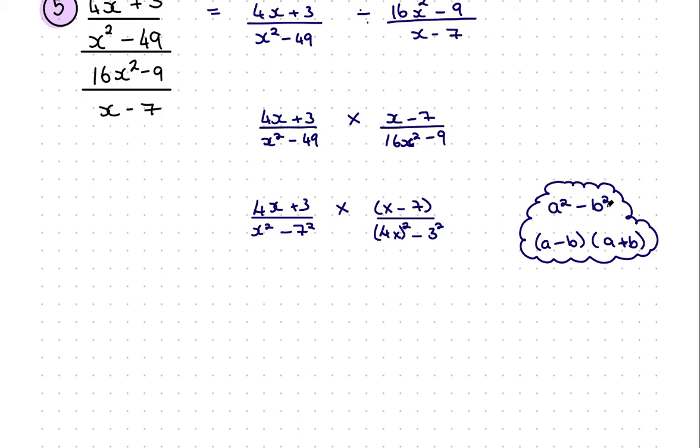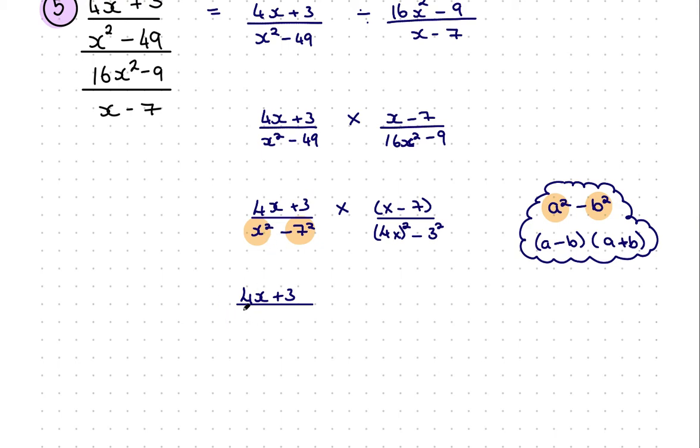So a squared minus b squared, some square number take away another square number. If we use our colors to keep track of that, my a would be my x in that scenario, my b would be my 7 in that scenario. So I'm going to once again keep everything else that's unchanged exactly the same. Don't touch it, just write it down. What you're not dealing with, keep it the same.